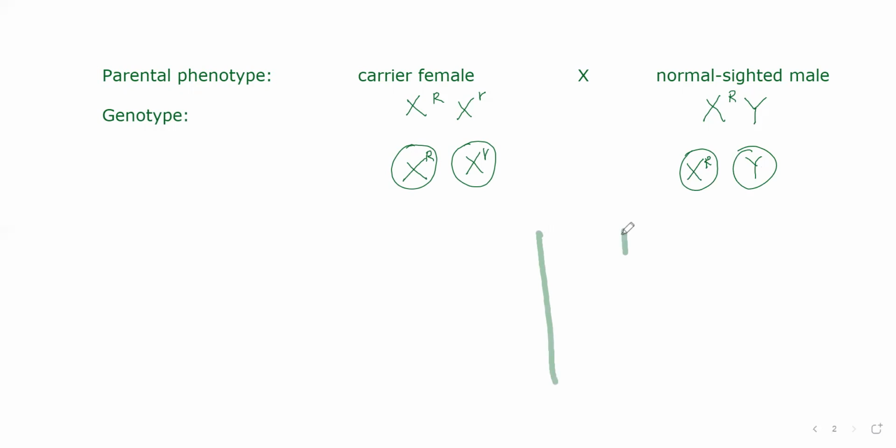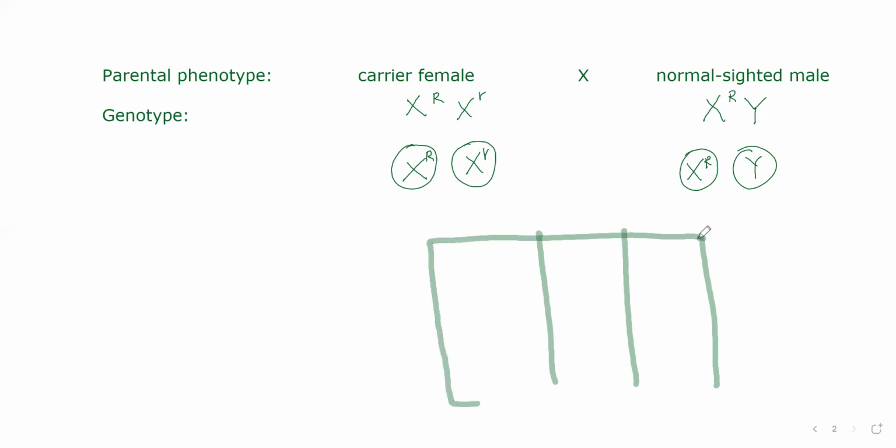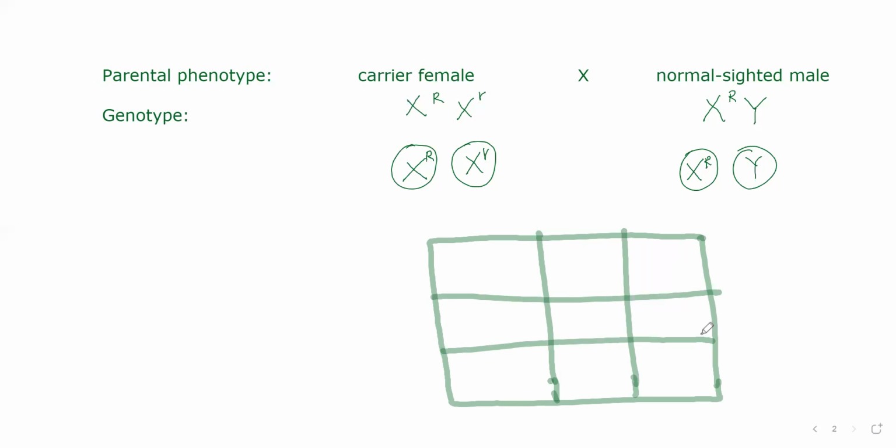Now let's draw our Punnett square nicely so we can understand. Here I write my gametes: X capital R and Y, these are my two gametes, and here I'll have X capital R and X small r.